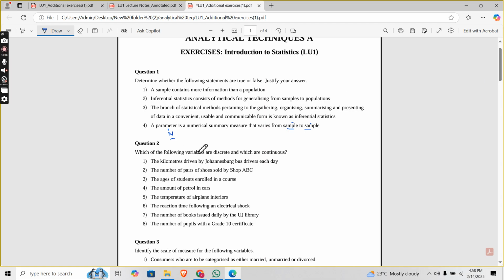Which of the following variables are discrete and which are continuous? Can somebody please explain to me what discrete means?